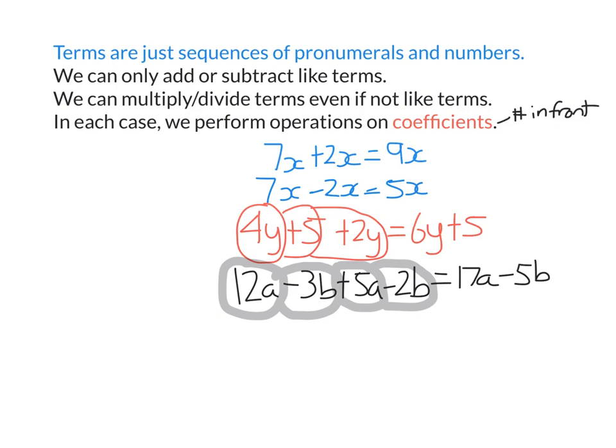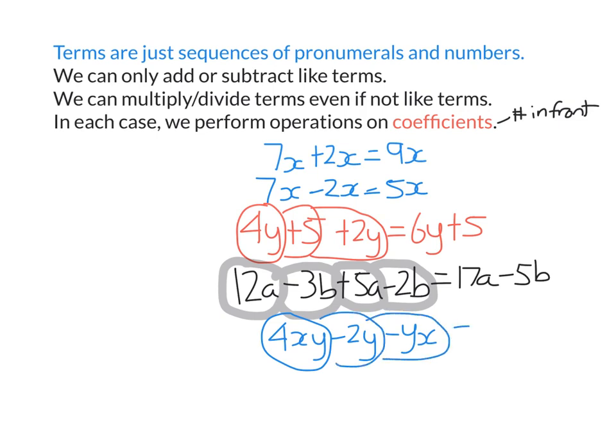So let's say I had something like 4xy minus 2y minus yx. So I have 3 terms. 1, 2, 3. Now I have to look at which are the like terms. So this one has an x and a y. This one has an x and a y. This one and this one are like terms. It doesn't matter that the pronumerals are written the other way round. That's fine.